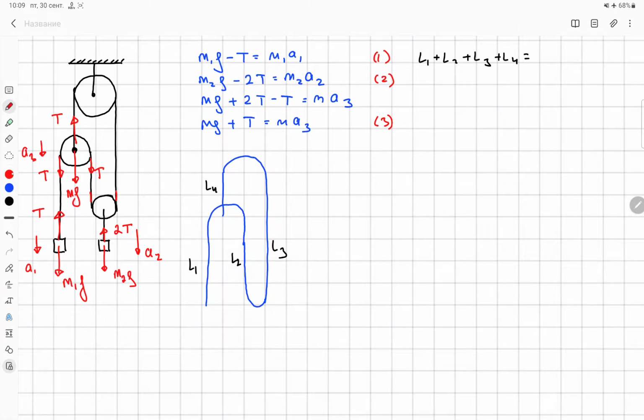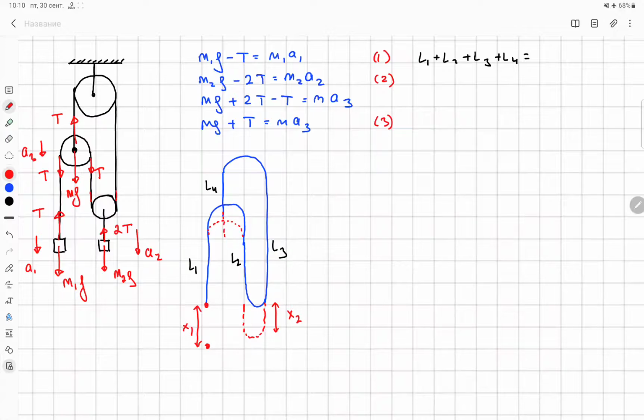Now after some time, we said that all three objects move downward, so this end of the rope will be here, x1. This rope will be like here, and it moved for x2. And this pulley moves downward for x3, so it will be like this.